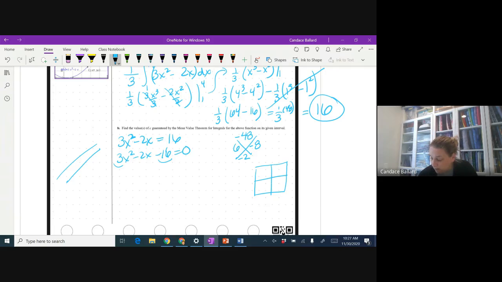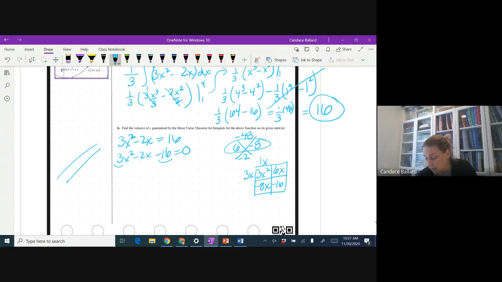So remember, the top left-hand corner is 3x squared, and the bottom right's negative 16. I take whatever's in the magic X and I put it in the other two corners of the box. And then I ask myself, what times what is 3? So 3 times 1. 3 has to go on the side because it divides into the 6, whereas 1 goes on the top because it's the only thing that would divide into the 8.